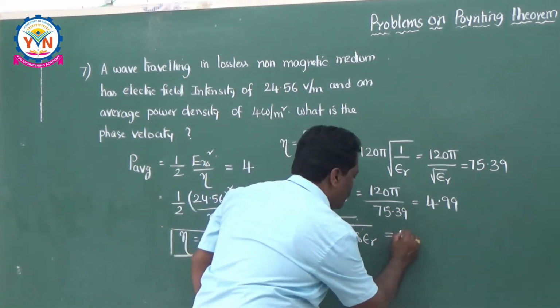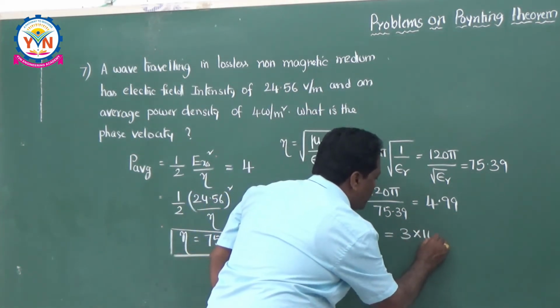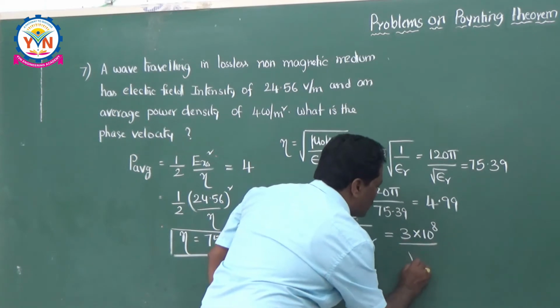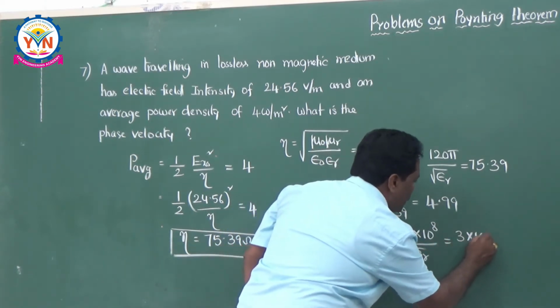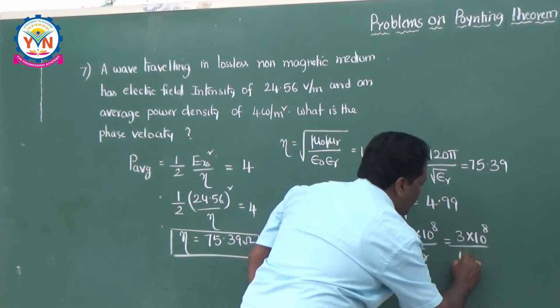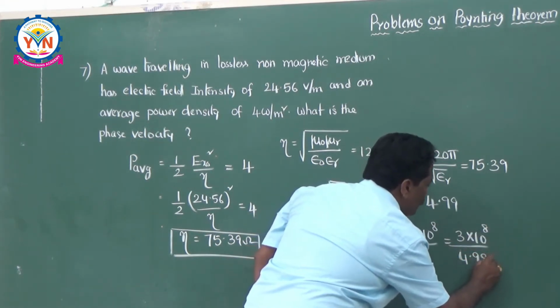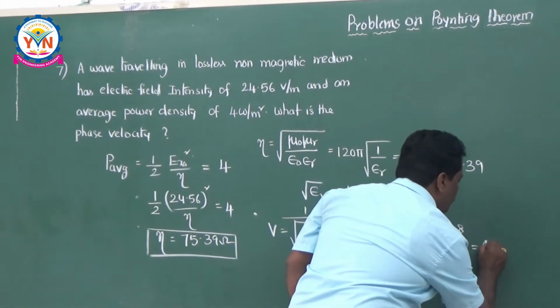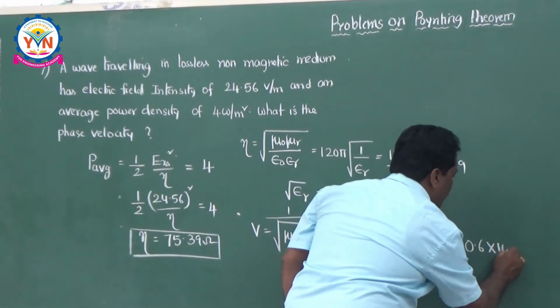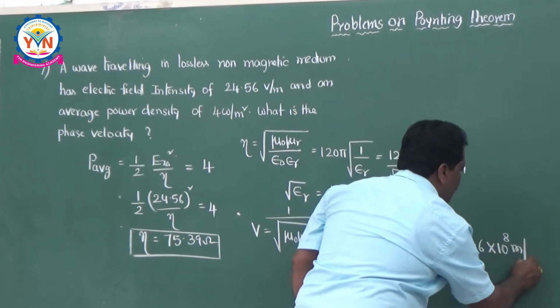This is equal to 3 into 10 power 8 divided by root epsilon r, that is 3 into 10 power 8 divided by 4.99. If you simplify this, you are going to get 0.6 into 10 power 8 meters per second.